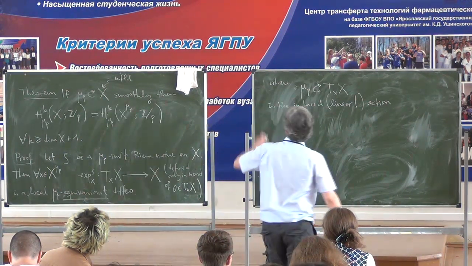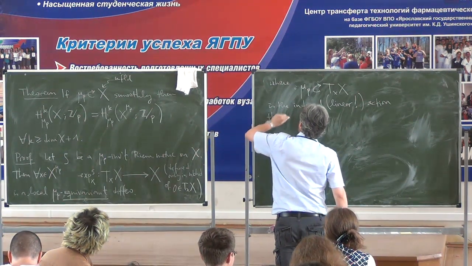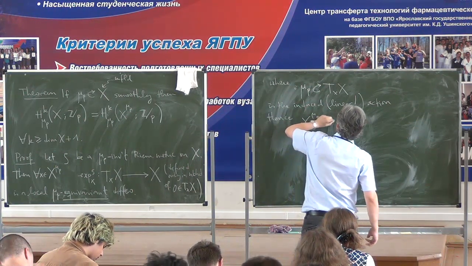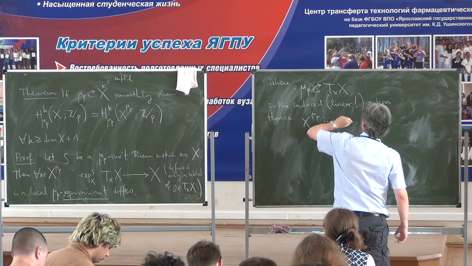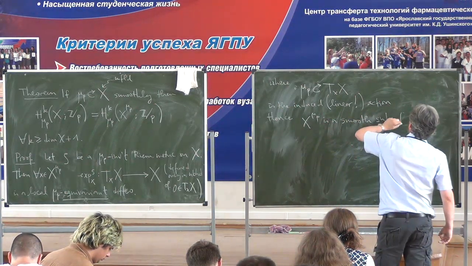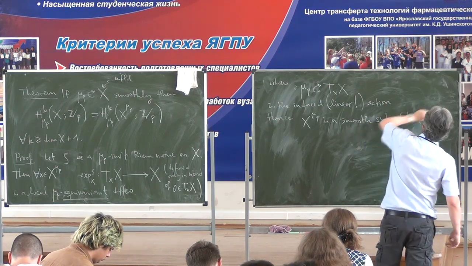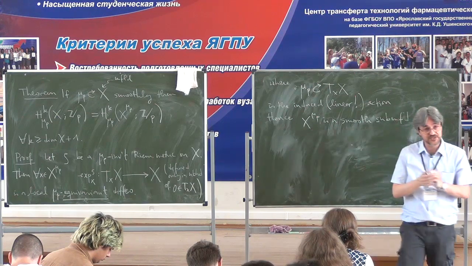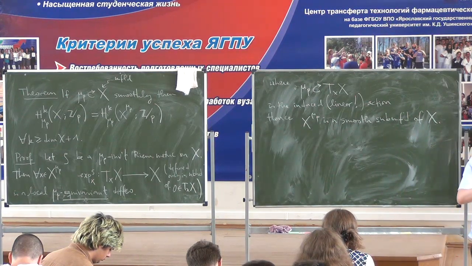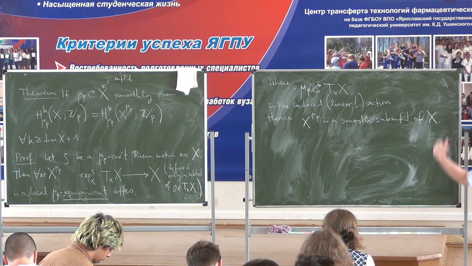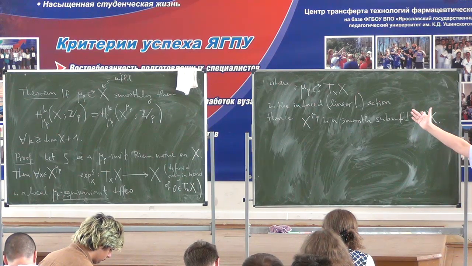The consequence is that X^{μ_p} is a smooth submanifold of X. Because locally, at each point of the fixed point set, you can identify the fixed point set with the linear subspace of the tangent space at that point.